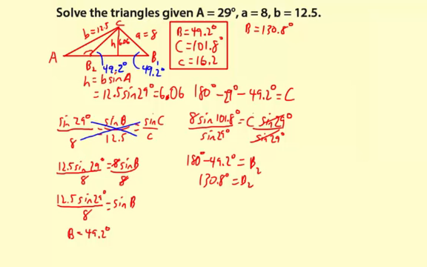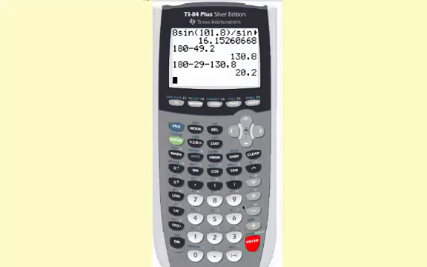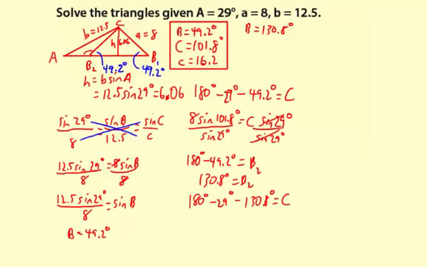So then what I can do is I can apply the triangle sum theorem in this situation. So it'll be 180 degrees minus my 29 degrees for angle A, and then minus the 130.8 for this angle B, and that'll equal angle C. 20.2 degrees. Okay, last item to solve for is the other side C, and we use the law of sines for that.